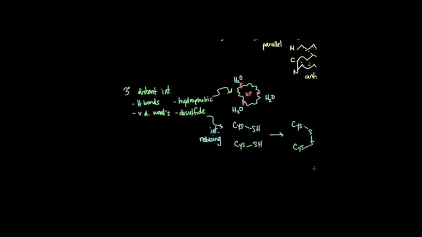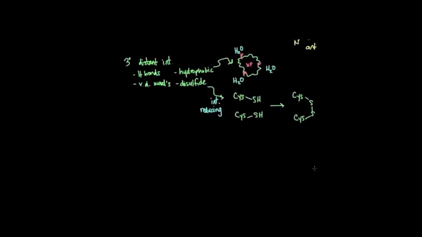Then there is one final level of protein structure, and that is called quaternary structure. And quaternary structure describes the bonding between multiple polypeptides. The same interactions that determine tertiary structure play a role in quaternary structure.